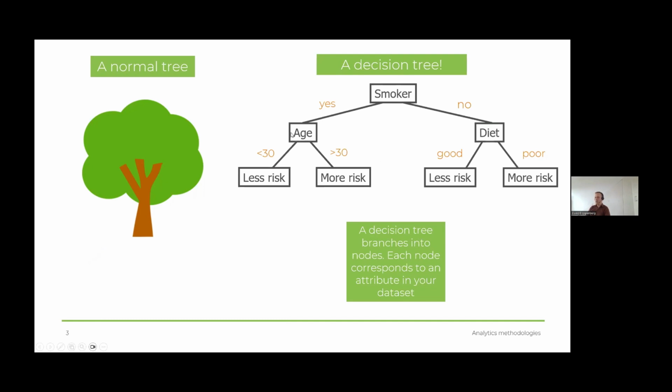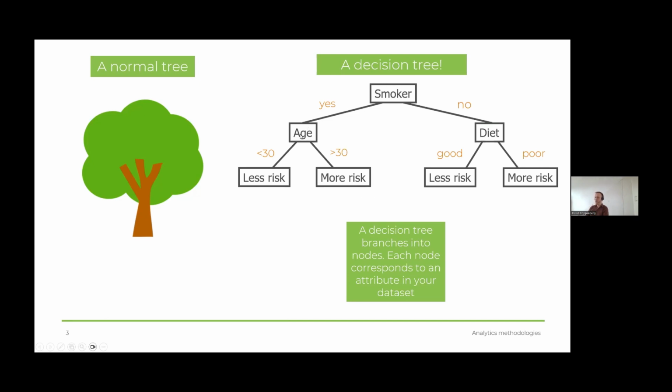The first split was binary, yes or no, but for age you can put a numerical value. If you're below 30, you have less risk, but if you're older than 30, you have more risk. Diet is more like a categorical variable: if good, then less risk, and if poor, more risk. So this is basically how a decision tree works.